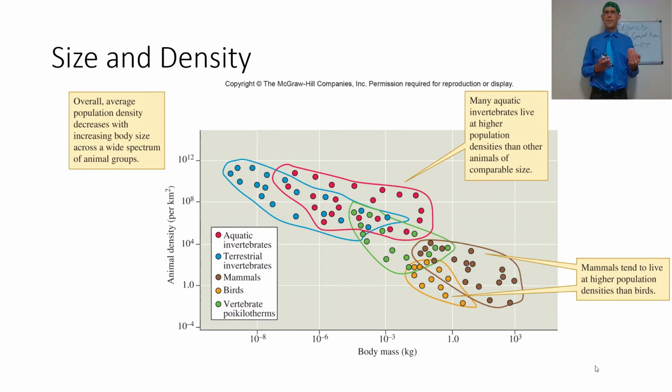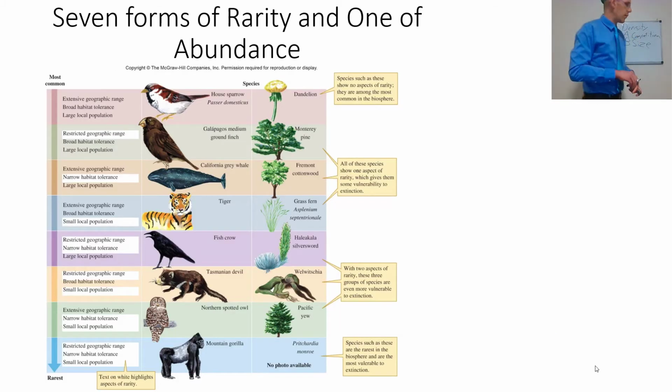There are mammals that have a higher population density than birds. This could be possibly due to the lengthier care of young and the tendency to live in herds or packs. But other than that, it's just a size deal. All right, rarity and abundance.